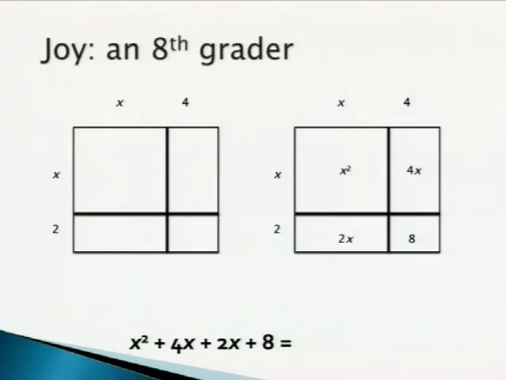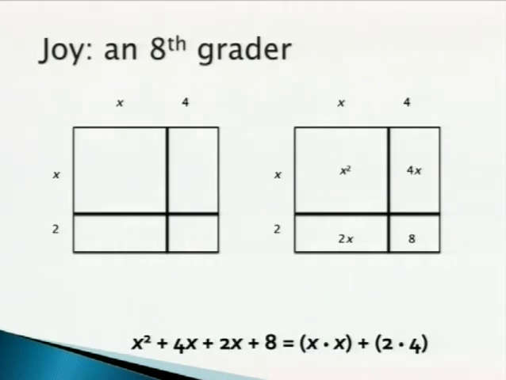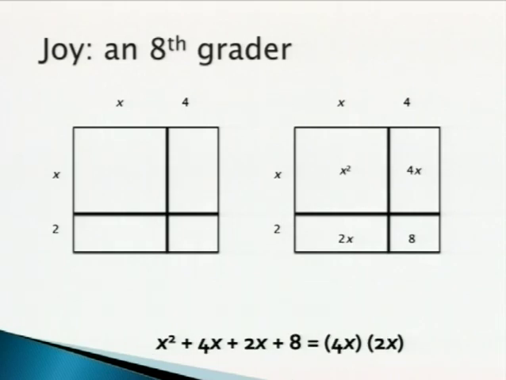But then Mr. Lancaster asked her to write the equation that it represents. She could write one expression, the sum of the terms she filled in, x squared plus 4x plus 2x plus 8. But she's not sure how to represent the expression in factored form. She tried x times x plus 2 times 4, but this didn't look right to her. So she tried 4x times 2x.